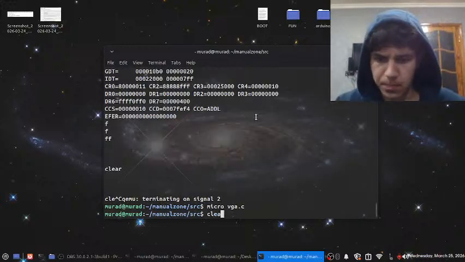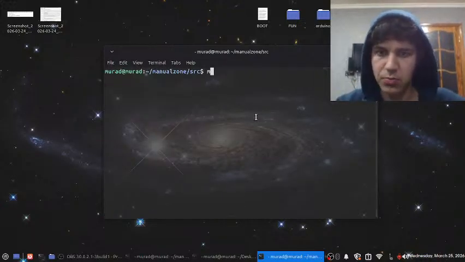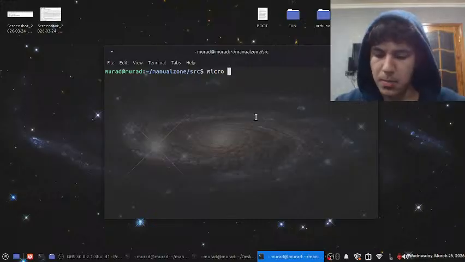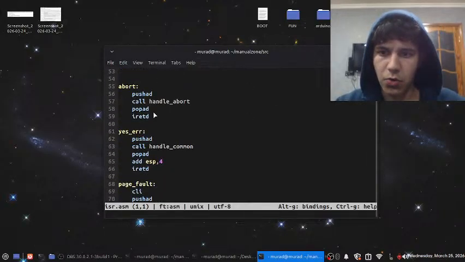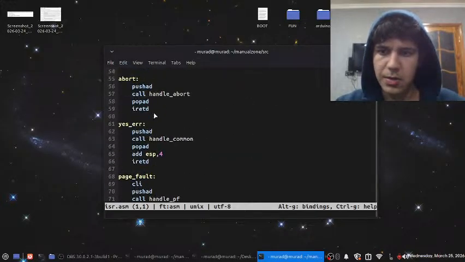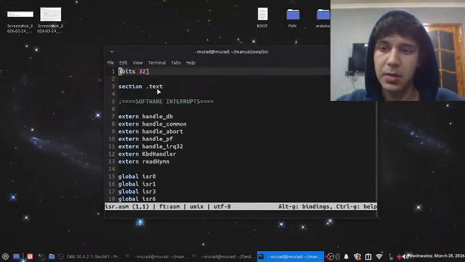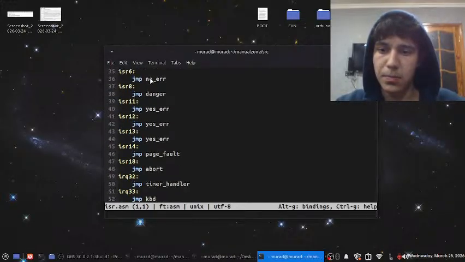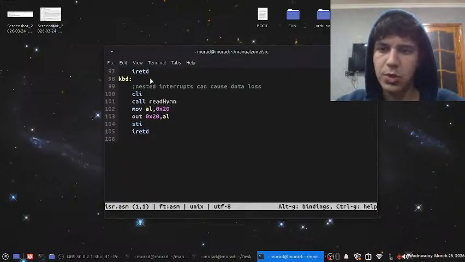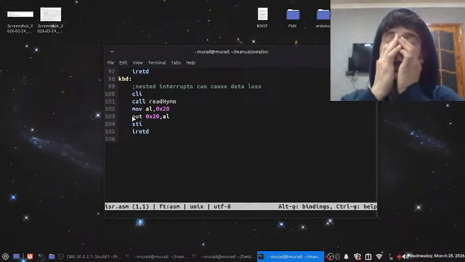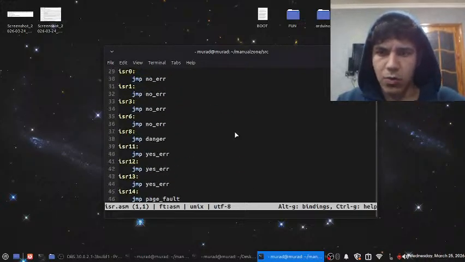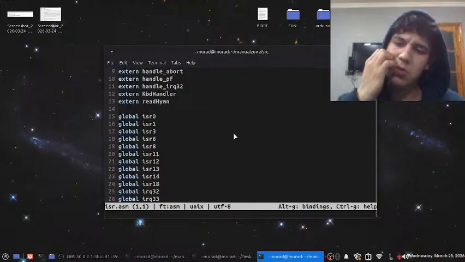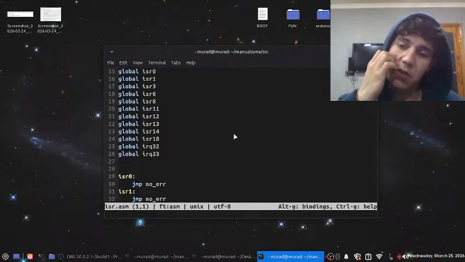So anyway, there is a much bigger problem here. In my isr.assembly, there is no logging of which interrupt has been fired. So I will build a system here in assembly for tracing which interrupt has been fired.